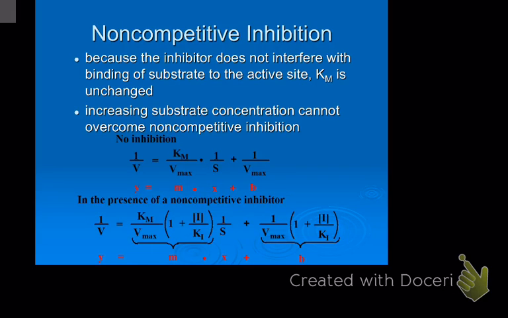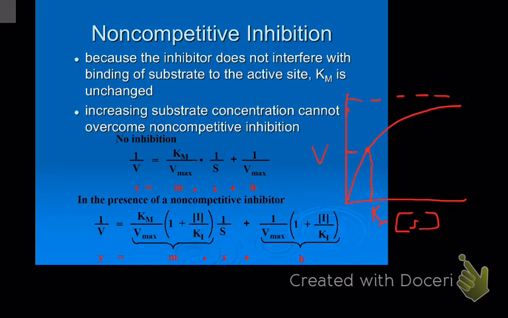Km, it's kind of hard to draw well on the Michaelis-Menten, but I'll try. It's really easy to see it on the Lineweaver-Burk. So we have Vmax. And there's Km.